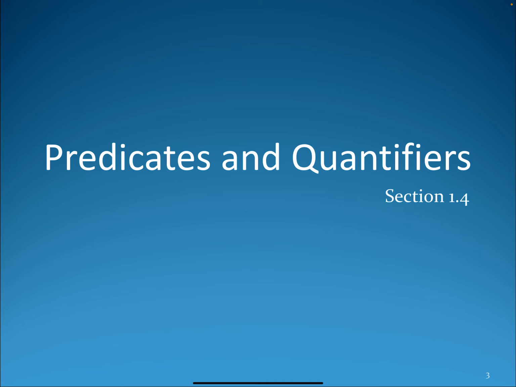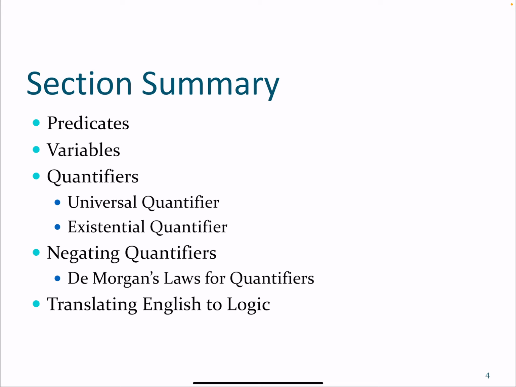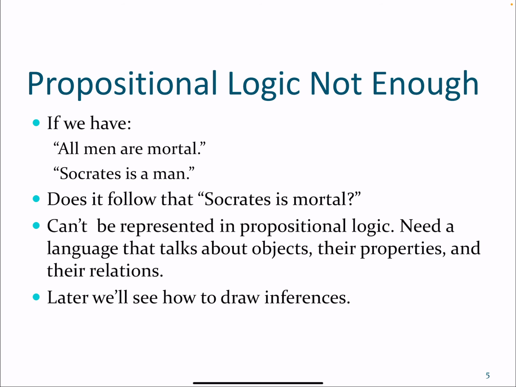So first of all, let's look at what predicates and quantifiers are. Propositional logic is the focus of the first part. However, propositional logic is not enough for all of the logics. For example, if we have the following sentences, all men are mortal, and Socrates is a man.